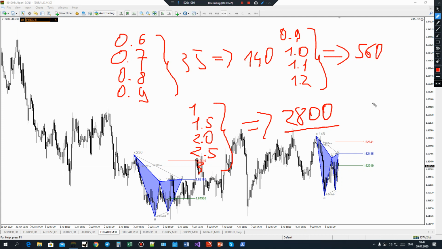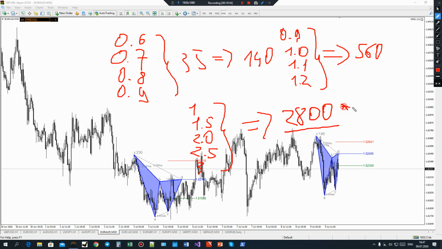Okay, and what is the reliable statistical number of patterns that we should test? How many patterns should we find to say that, okay, this works, or to say that, you know what, this doesn't work? What is a reliable statistical number? It won't be a mistake if I say that this number should be closer to 1000.